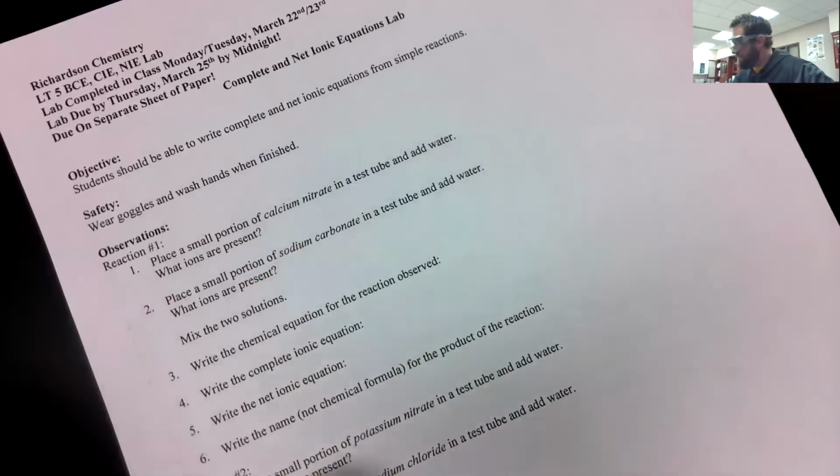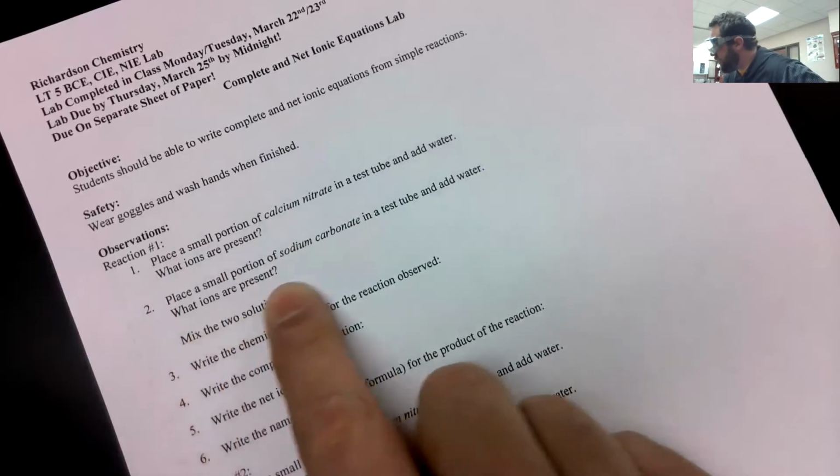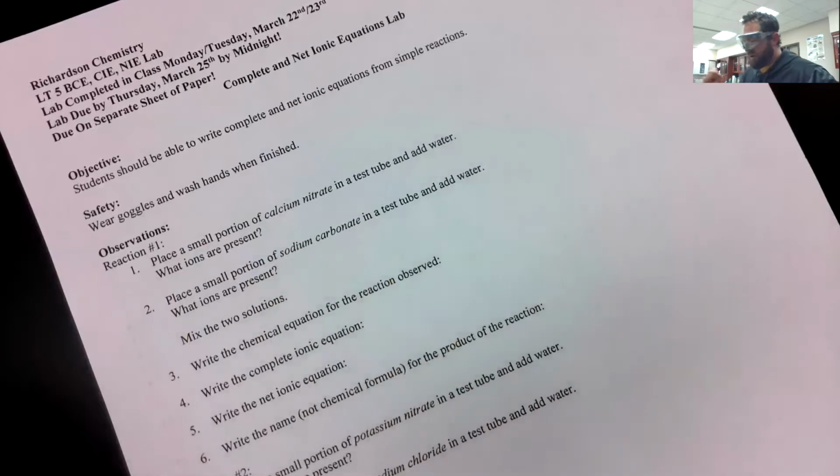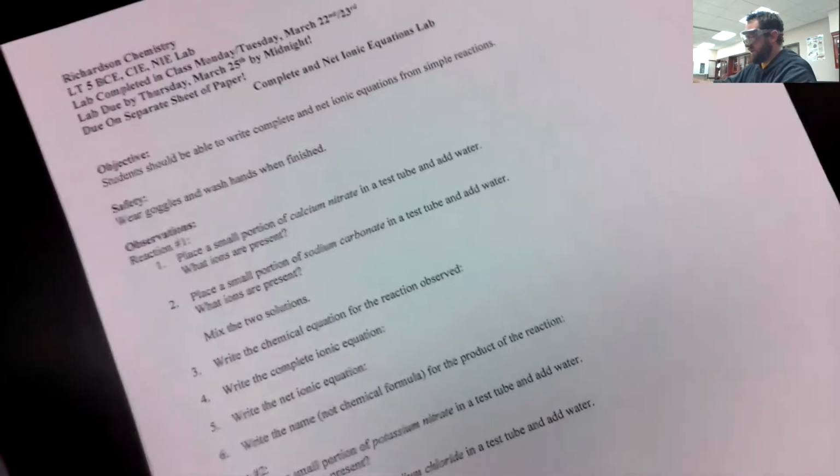Step 2, place a small portion of sodium carbonate in a test tube and add water. So pretty much the same thing happening here. We get our second test tube out.